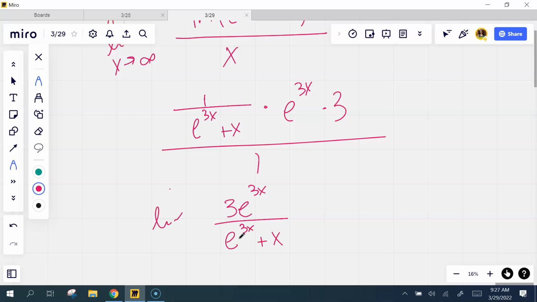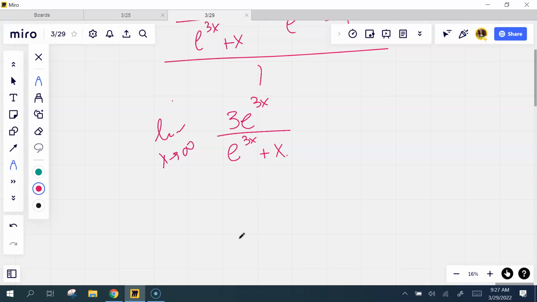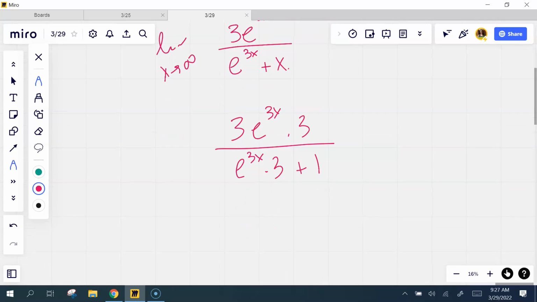And I'm still going to infinity. Again, I'm in an infinity over infinity situation, so I did another derivative. 3e to the 3x times 3 over e to the 3x times 3 plus 1, which is 9e to the 3x over 3e to the 3x plus 1.